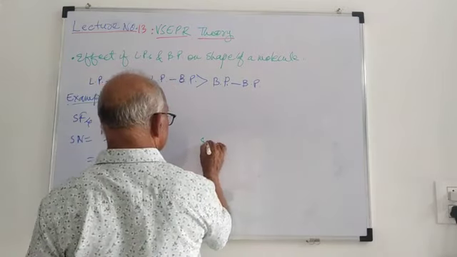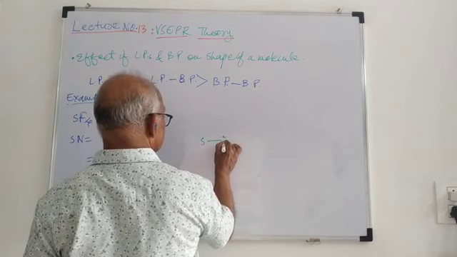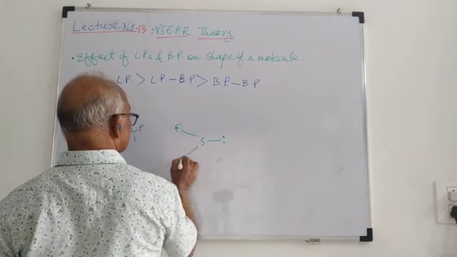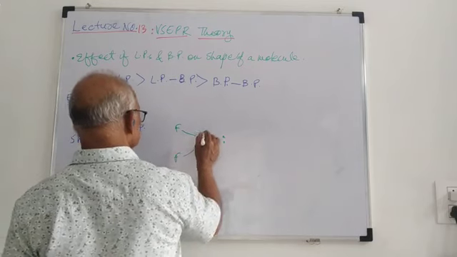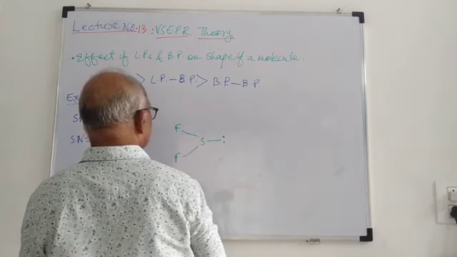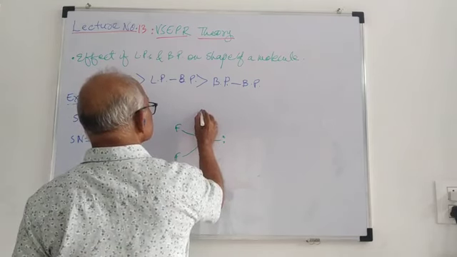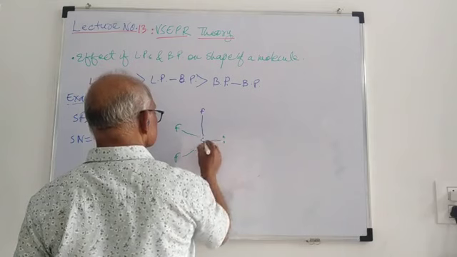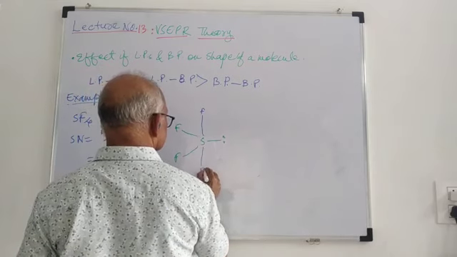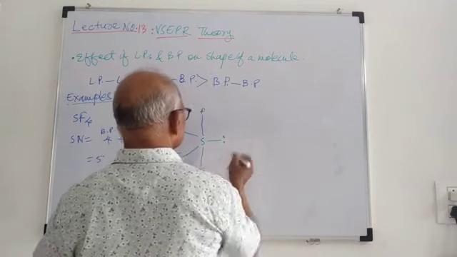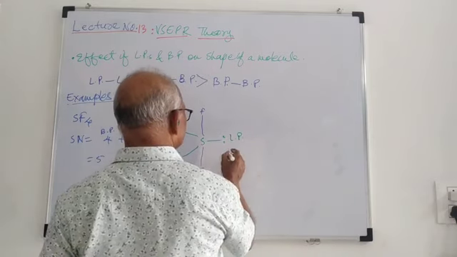Sulfur is at the center, the lone pair is present in the XY plane, so 2 fluorines are lying in the XY plane, and 2 fluorines are lying away from the XY plane. So this is the lone pair.